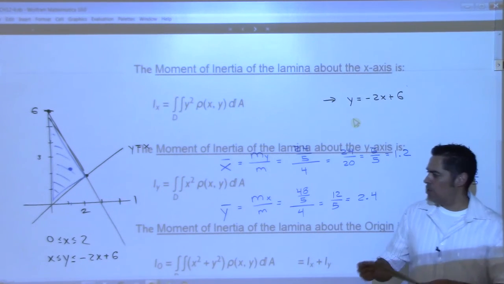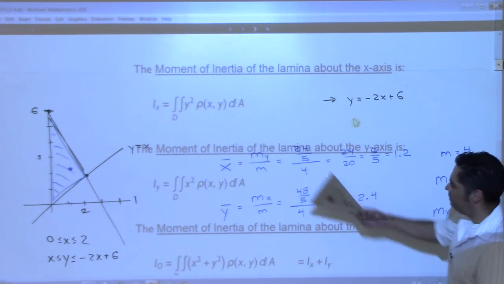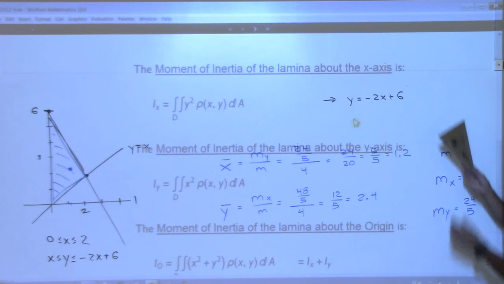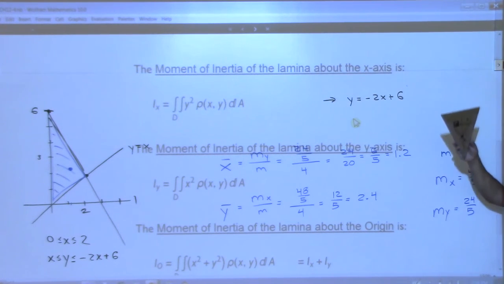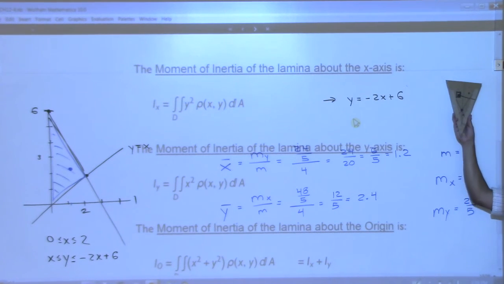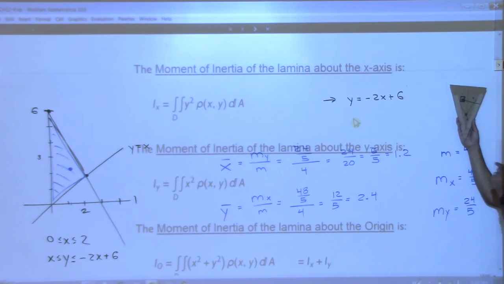So here's the way I want you to think about this. If I take this right here, say this has some mass to it, and let's say I try and rotate it around this axis right here, then it's going to require some sort of force to rotate it around like this. Okay? Understand? Okay. The moment of inertia is a number that represents how much resistance there is.